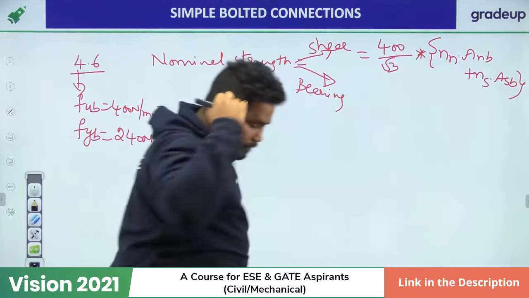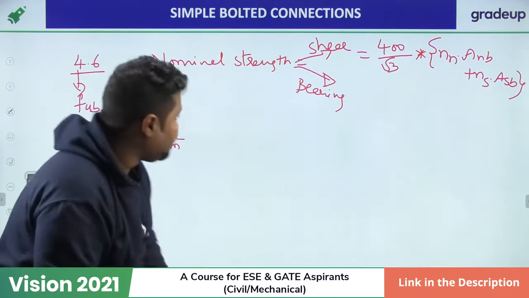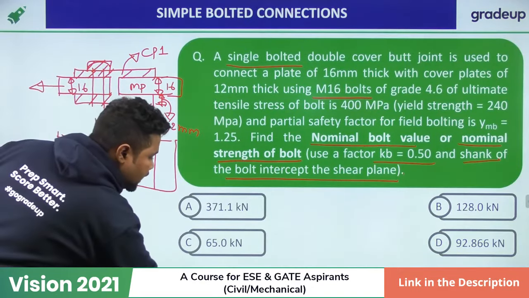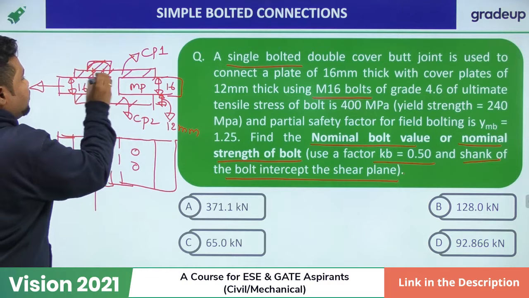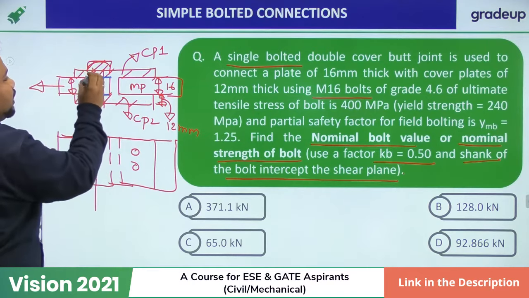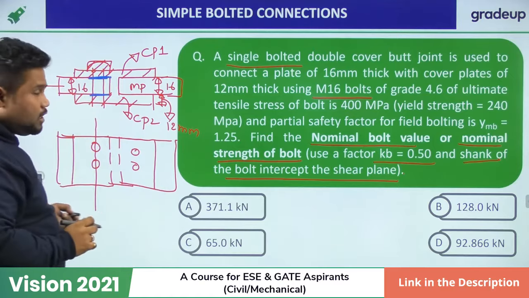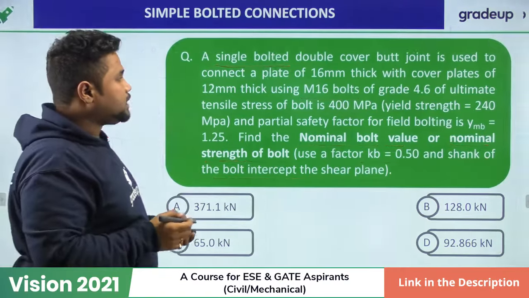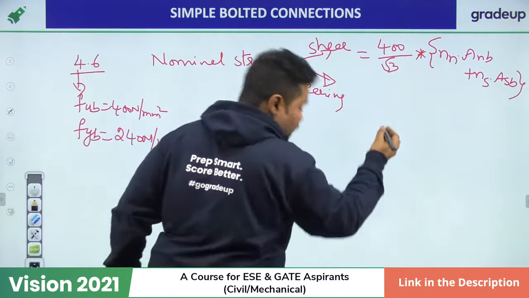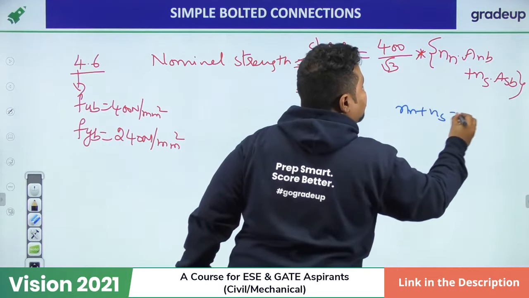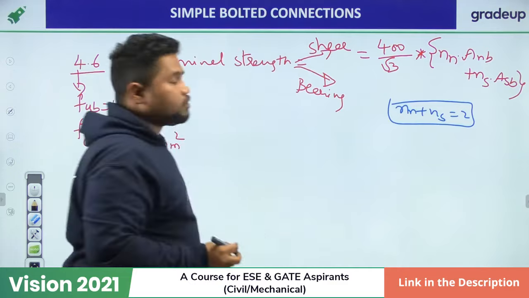If you see your previous figure, the number of shear planes that are intercepting, for a single bolt, there are two shear planes here. So out of those two shear planes, I can mention the total number of shear planes, that is NN plus NS is equal to 2. And one more clue they had given.